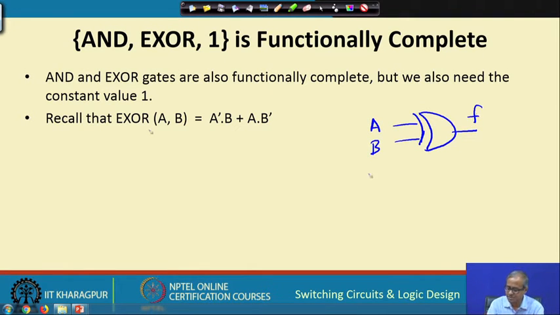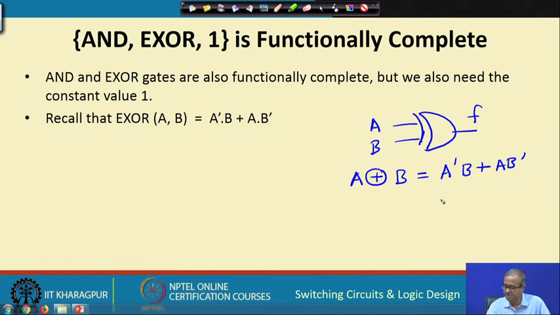Sometimes the XOR is expressed symbolically, A XOR B, is written as A bar B or A B bar, because the definition of XOR I gave earlier is that XOR will be 1 if an odd number of inputs are 1.